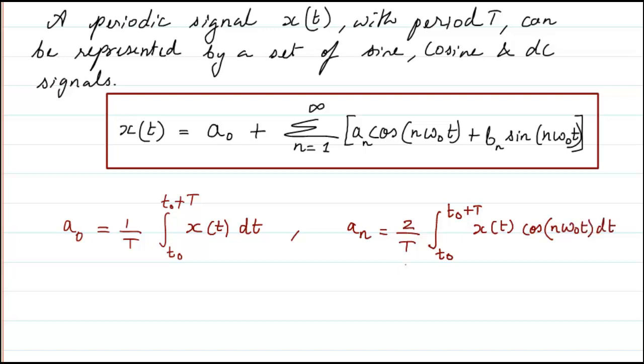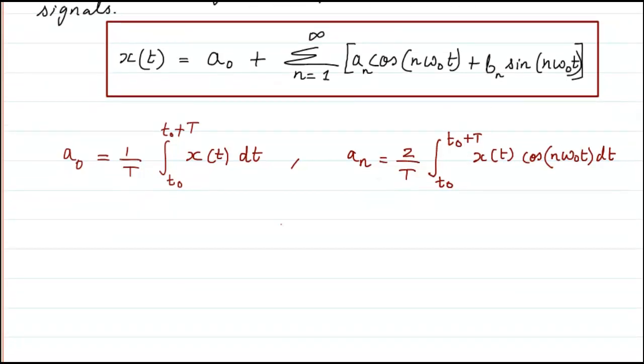So this is to find out an, and similarly for finding out bn, which is for sine, we use the formula bn is equal to 2 by T integral t naught to t naught plus capital T x of t multiplied with sine n omega naught t dt.